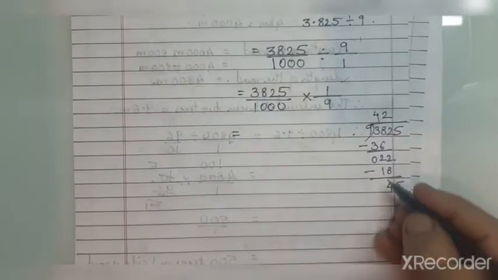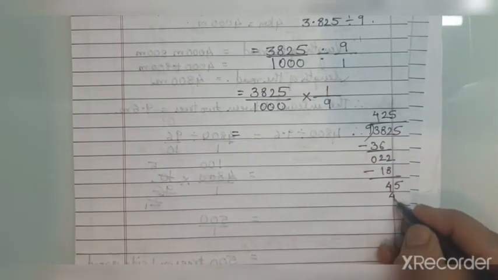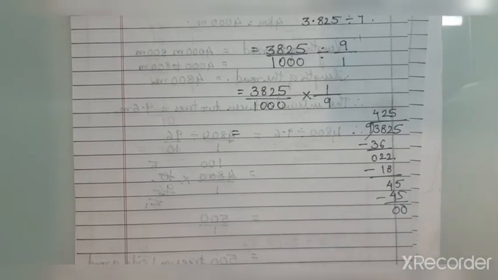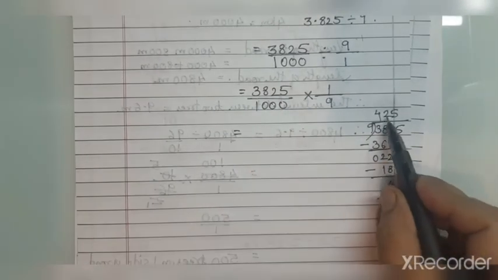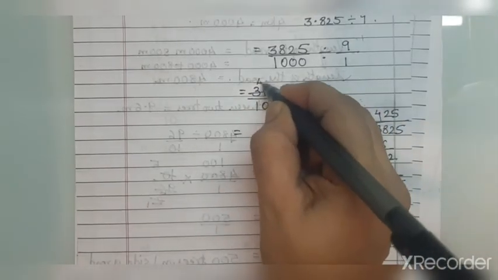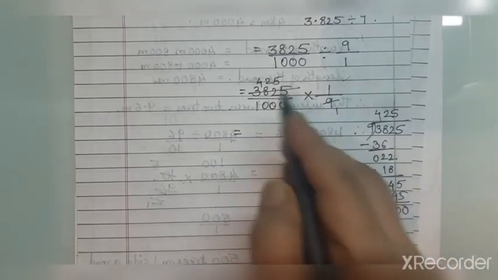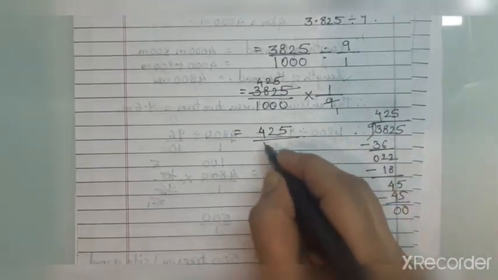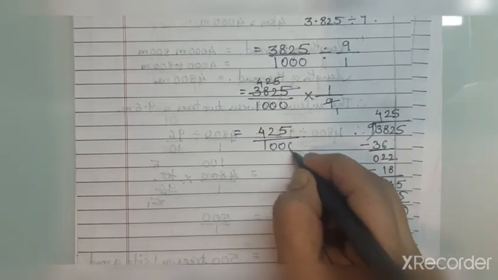Okay, now 9 fives are 45, and in this way we get the answer 425. So 425 upon 1000.